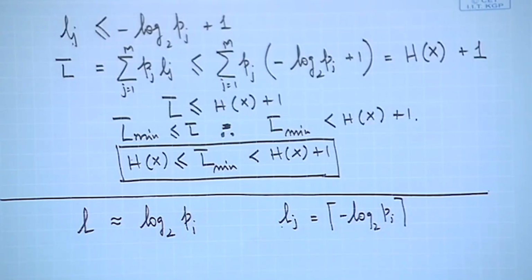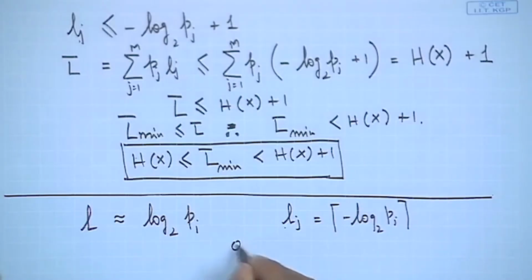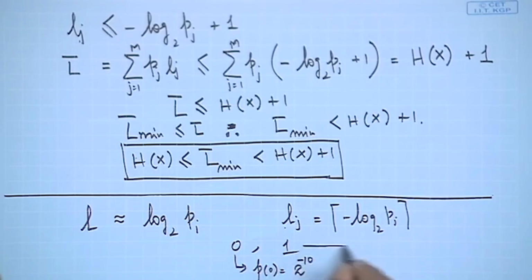There is of course one particular example which you can take to show that things are not quite so straightforward. We will just do it for the sake of example. Suppose I have zeros and ones coming out, and let us say the probability of a 0 is equal to 2 to the power of minus 10, and the probability of 1 is 1 minus 2 to the power of minus 10.